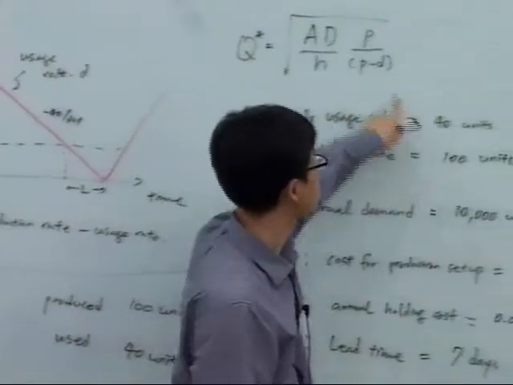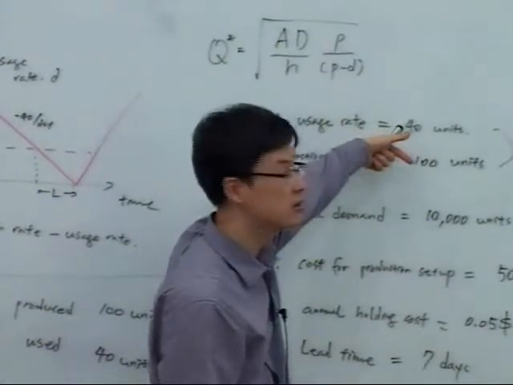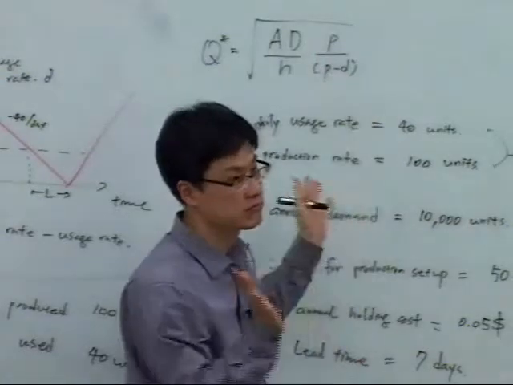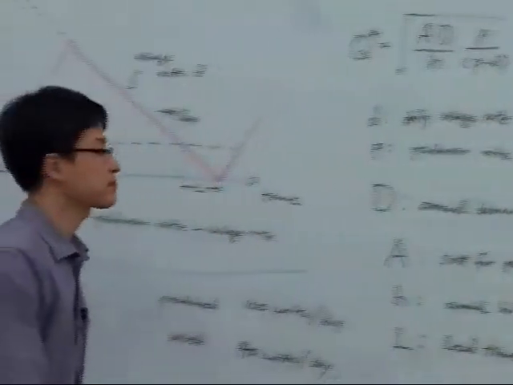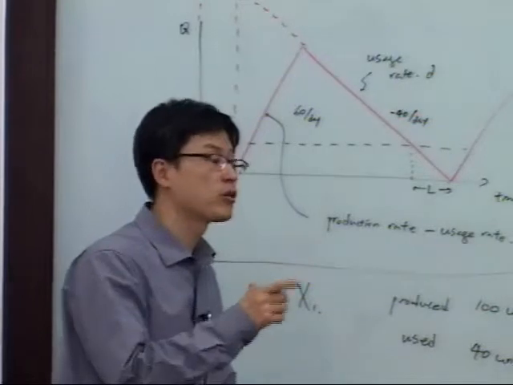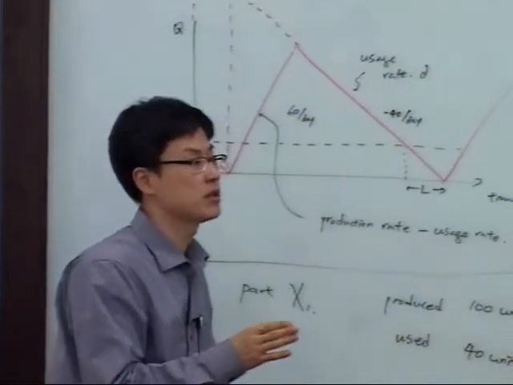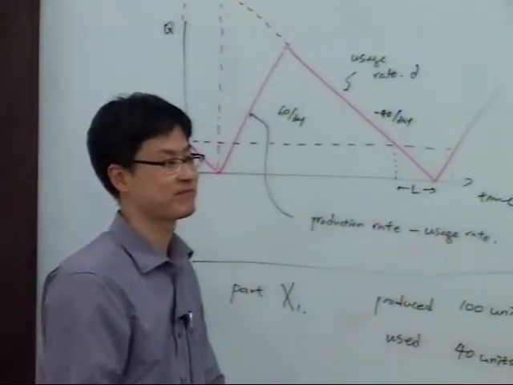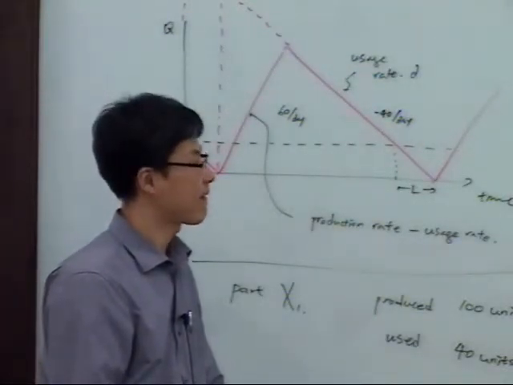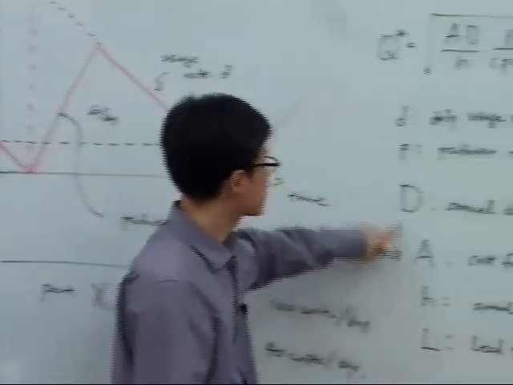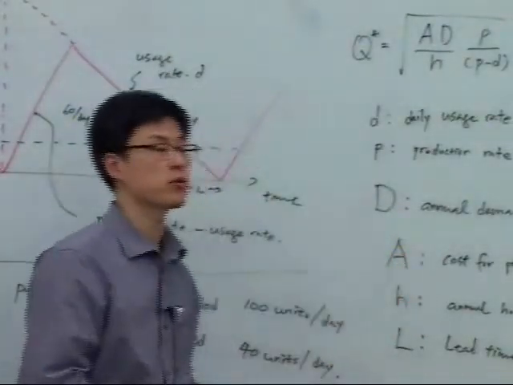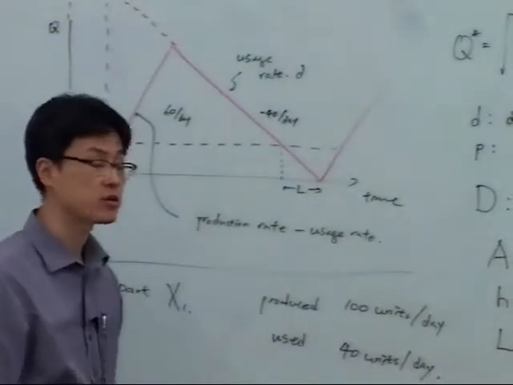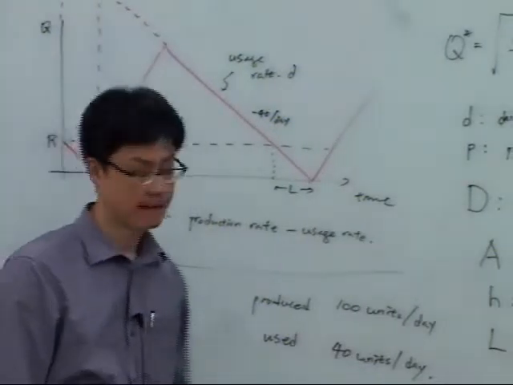Based on this equation, if this is exchanged, you will see a minus sign under this root. If you want to calculate those kinds of things, you have to use another model. Yeah. Okay. All these A and H and D are for the EOQ model. Derivation of everything is exactly the same as this EOQ model. Okay. Question?